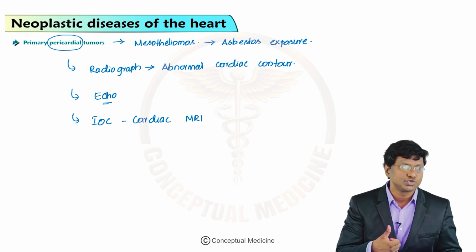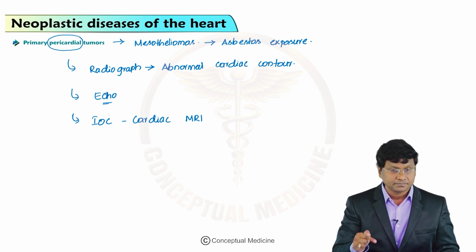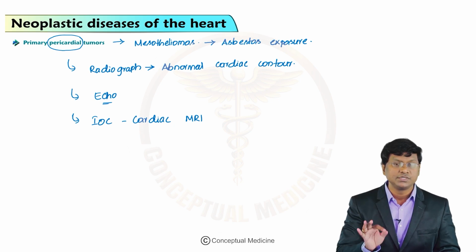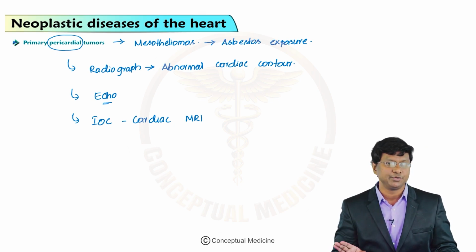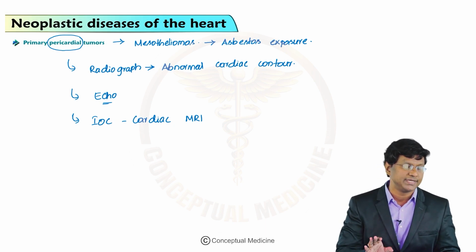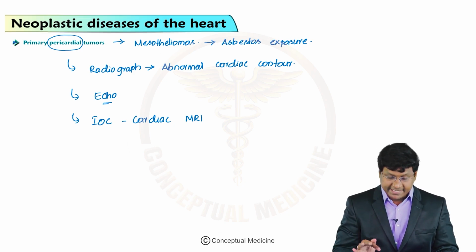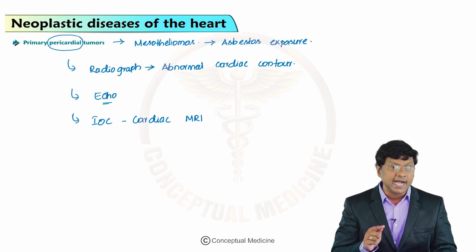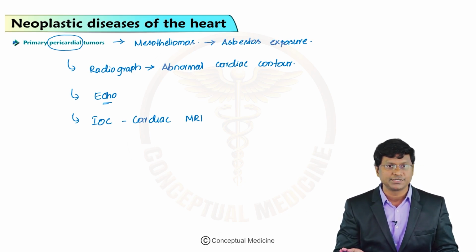The most common primary pericardial tumor is mesothelioma, related to asbestos exposure. There will be abnormal cardiac contour on the radiograph, echocardiography may miss tumors infiltrating the ventricular wall, and cardiac MRI is the diagnostic procedure of choice along with gated CT imaging.